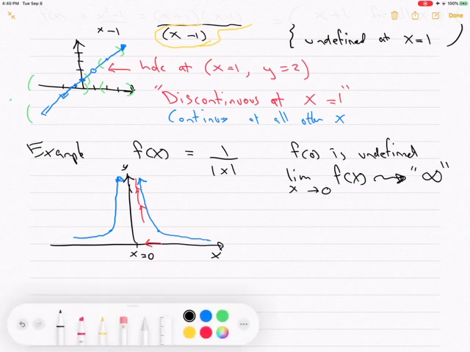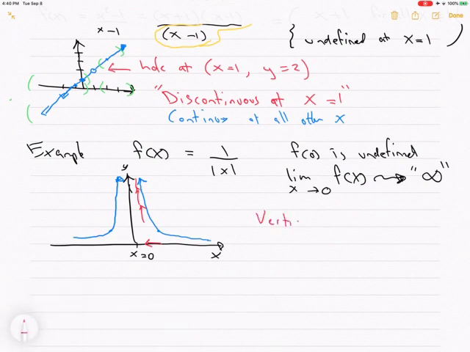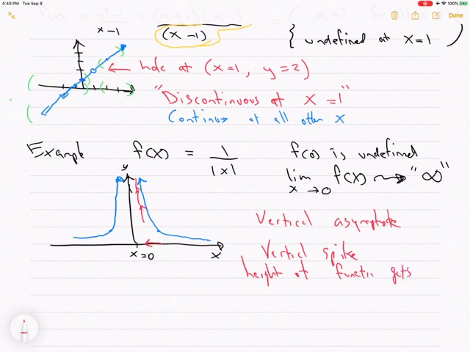So this is what we mean by an asymptote. This is a vertical asymptote. It's like a vertical spike. It just means that the height of the function, if you look at the graph, just gets arbitrarily large.